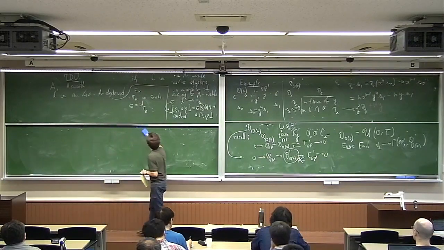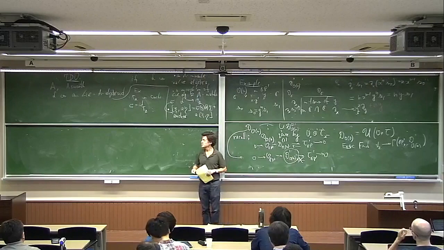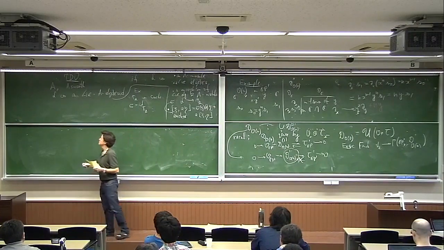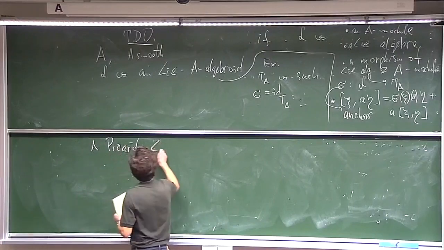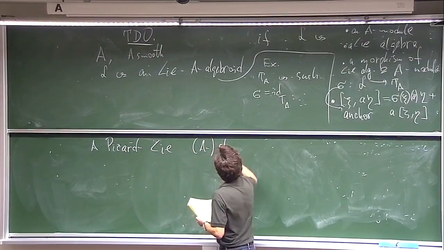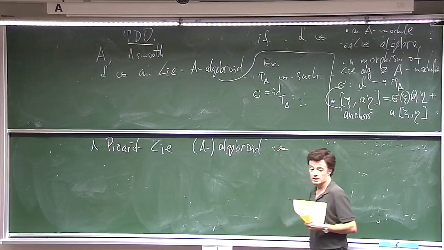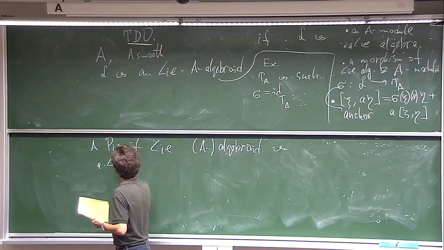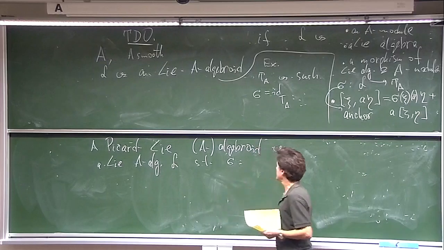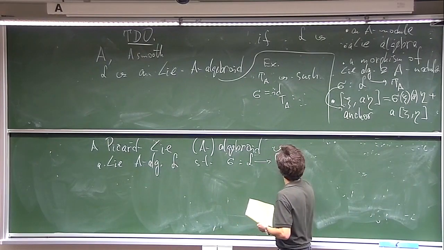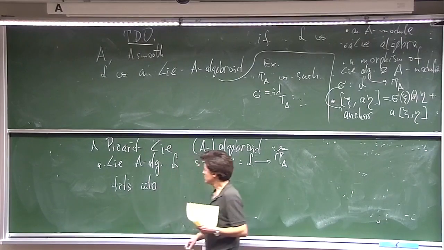So all the terminology, I think it's due to Beilinson and Bernstein. That's where I and people I know learned. Maybe there is a better way. I don't know. So maybe Lie, perhaps also A. An A-Lie algebroid is a Lie algebroid L such that the anchor fits into the following exact sequence.